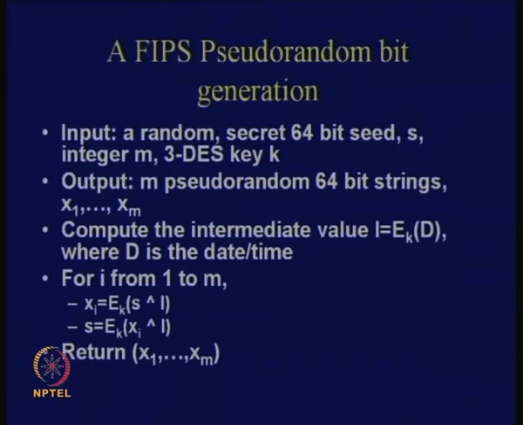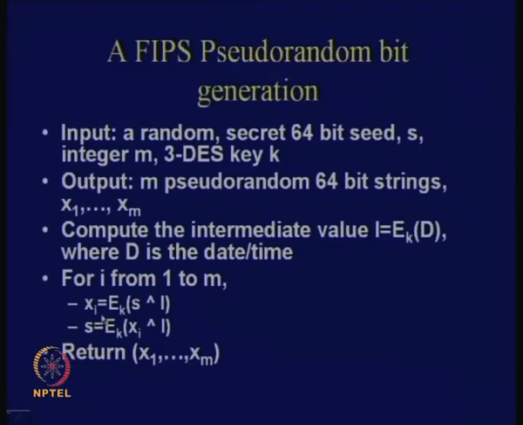You start like this: you take the date and time of your current event, apply your encryption algorithm ek and obtain a value I. Then you take an XOR of I with your starting value of S, and again apply your ek algorithm. ek is your 3DES algorithm, and you obtain a value xi, which is the next sequence value.